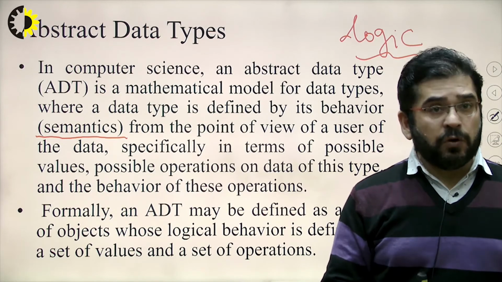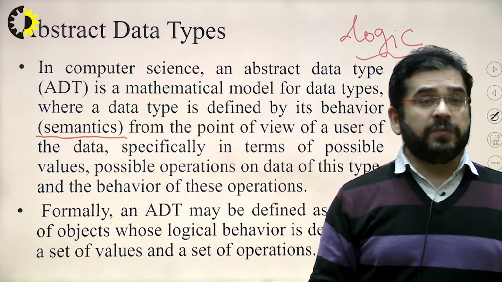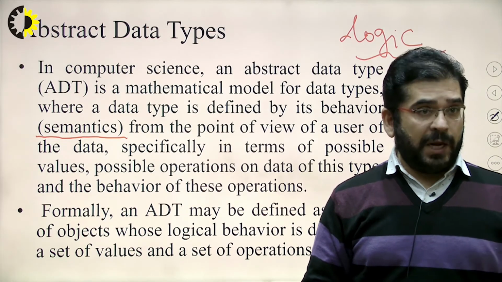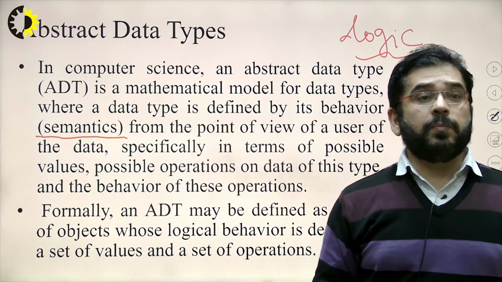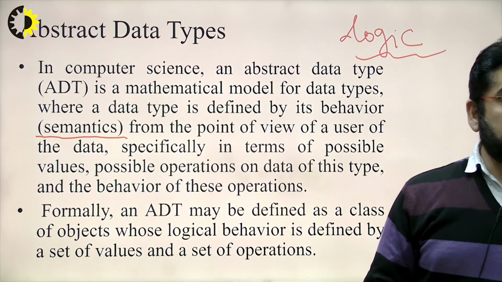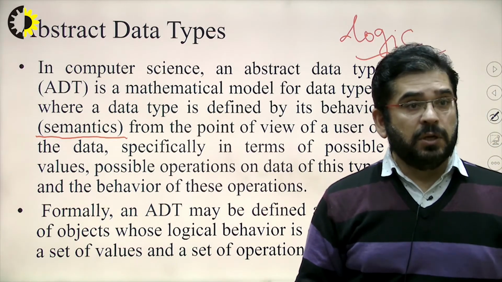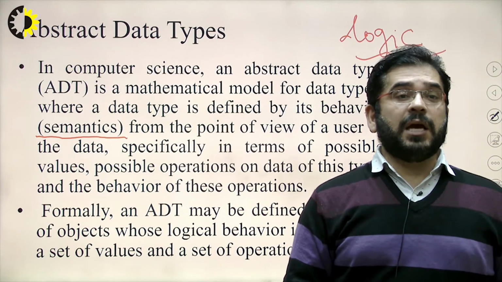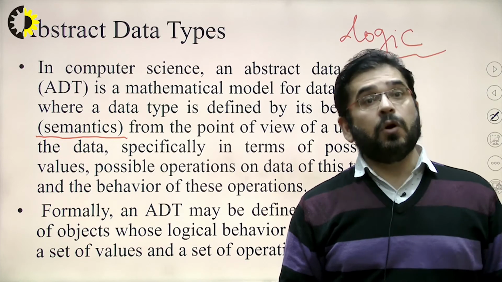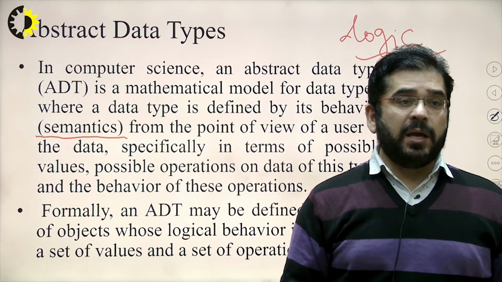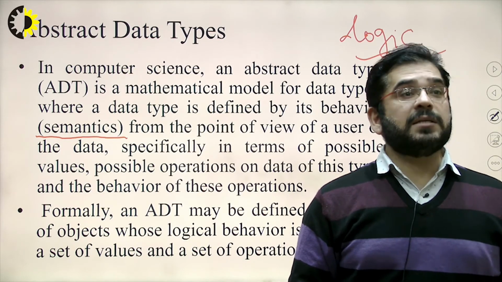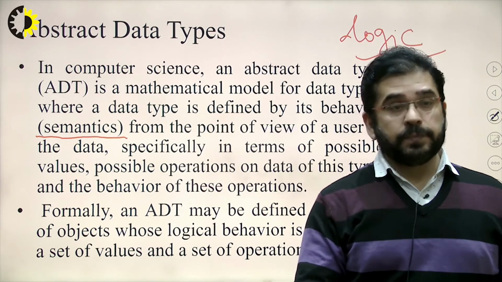From the point of view of a user of the data, specifically in terms of possible values, possible operations on the data of a particular type, and the behavior of these operations, how it actually works. Formally, an abstract data type may be defined as a class of objects whose logical behavior is defined by a set of values and a set of operations.